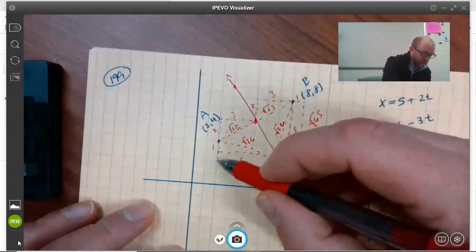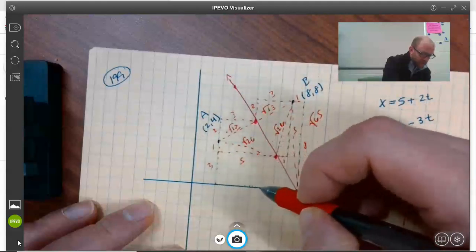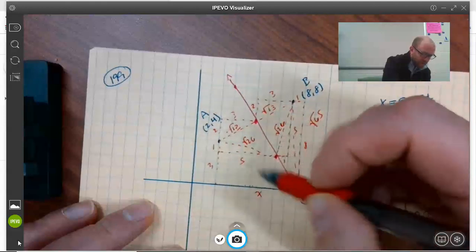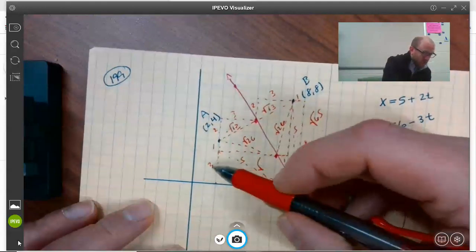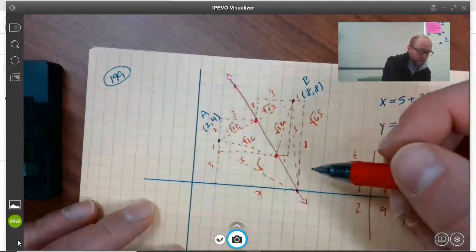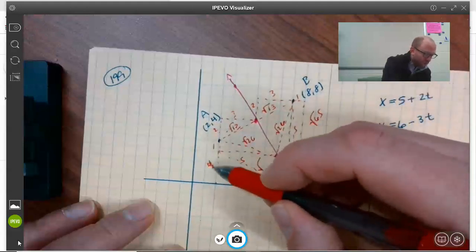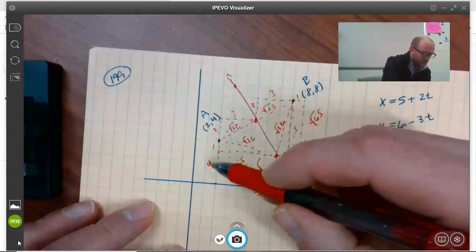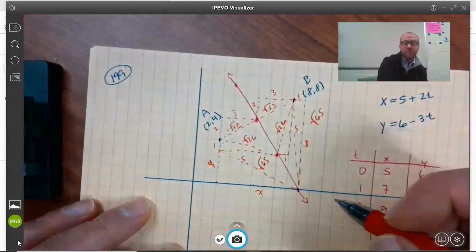And here, 3 and 1, 2, 3, 4, 5, 6, 7. 3 and 7 gives us 9 and 49. Wait a minute, I'm marking from the wrong point. That's 4. It's from up here. Sorry. 16 and 49 is 65 again. Okay.